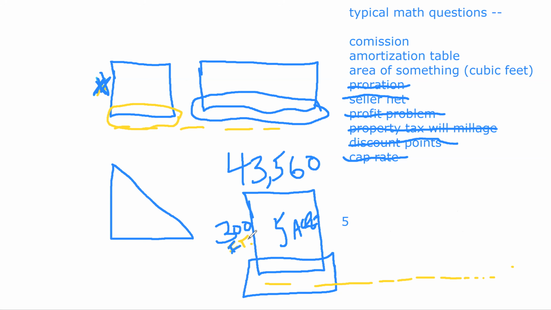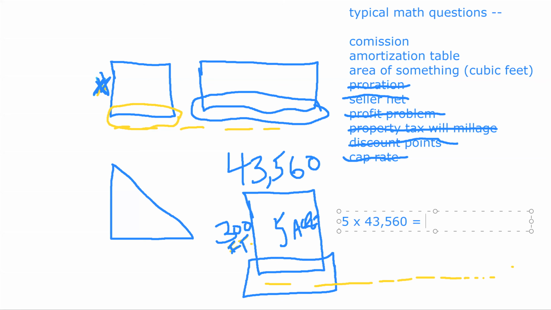So we're going to multiply the 5 acres. If I give it to you in different numbers, that's what they'll typically do. They'll typically give you an area problem with 2 different measurements, like acres and feet. So you have to take the 5 acres and convert it into feet and multiply it by 43,560.